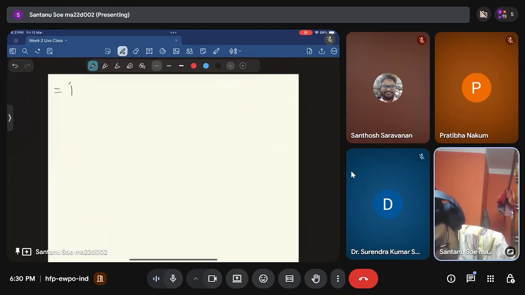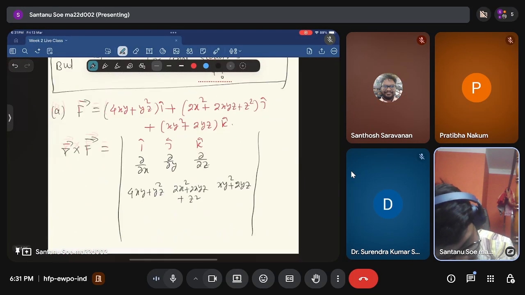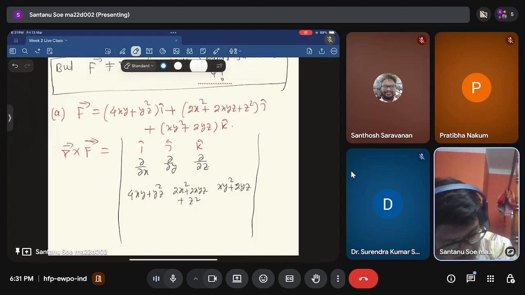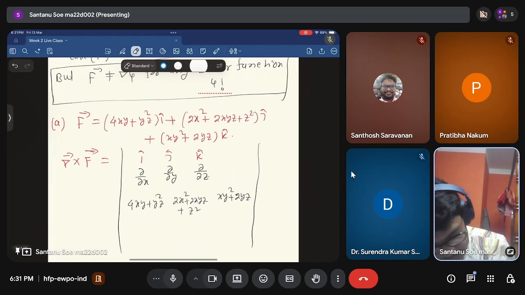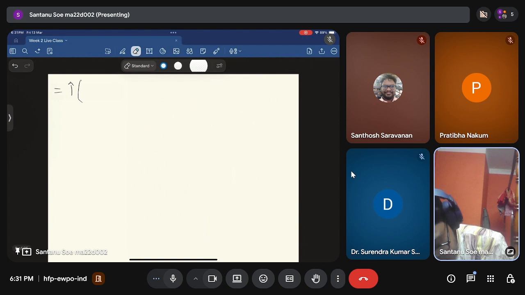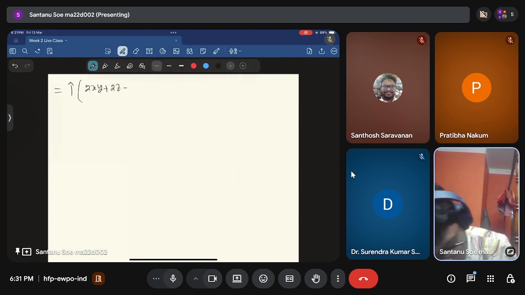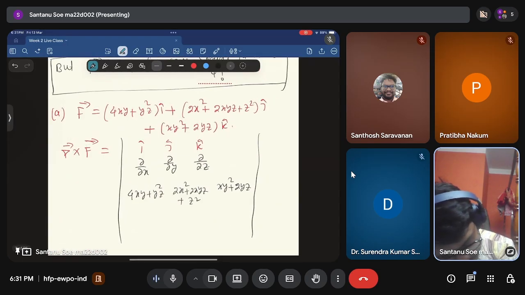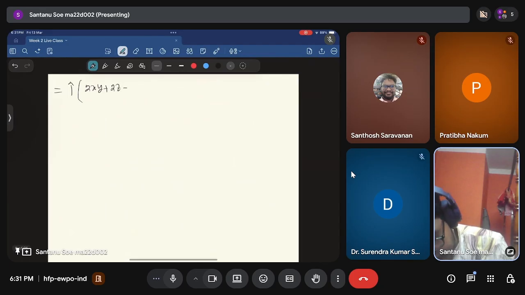So now we can try to evaluate this curl. So first this will be i of, so we can try to evaluate this determinant. So this is going to be 2xy plus 2z, sorry, not plus, minus of 2xy, minus of 2z. Okay, correct.